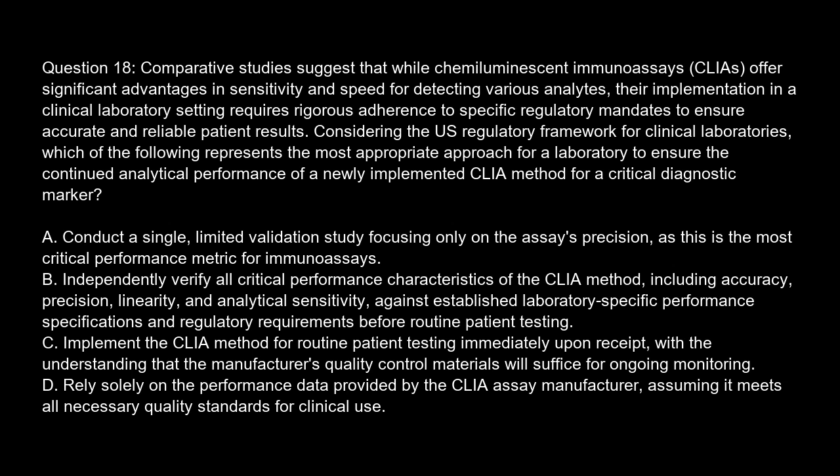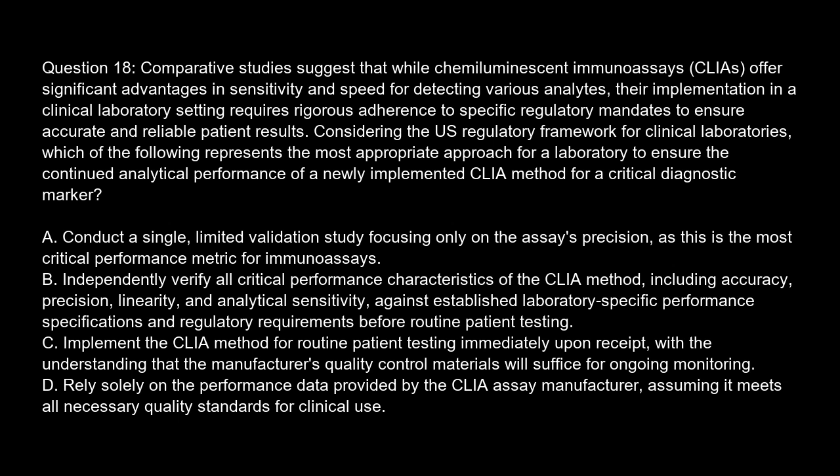Option A. Conduct a single, limited validation study focusing only on the assay's precision, as this is the most critical performance metric for immunoassays. Option B. Independently verify all critical performance characteristics of the CLIA method, including accuracy, precision, linearity, and analytical sensitivity, against established laboratory-specific performance specifications and regulatory requirements before routine patient testing.